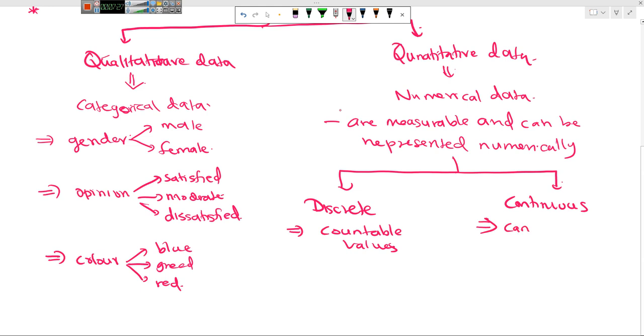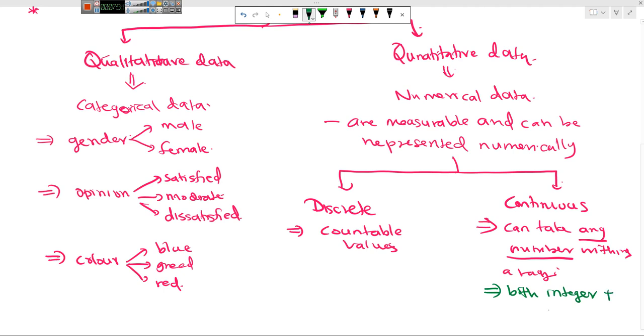So this can take any number within a range. So any number in the sense it can take both integer and decimal values, right? So let me use a different color and tell that it can take both integer and decimal values. But here for discrete data we can have only integers. We cannot have decimal values. Okay.